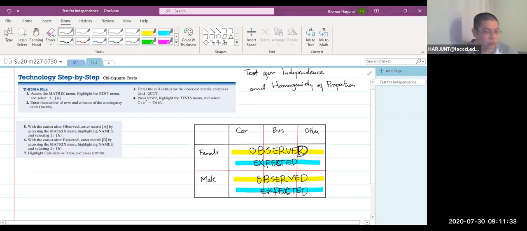Okay. Now, let's say I pick a question from our textbook right away. We will learn how to key in the data first.